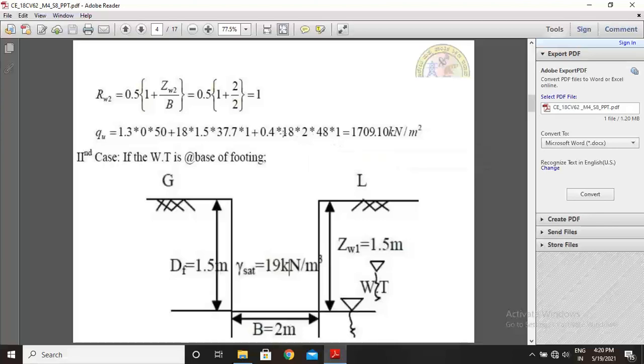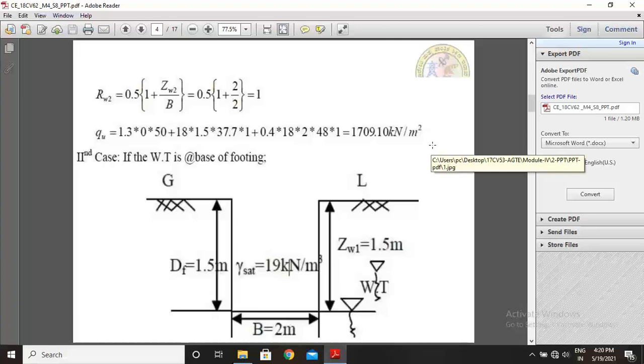So after solving these parameters, the answer we are getting is 1709.10 kilonewton per meter square. This is the ultimate bearing capacity for water table at great depth.